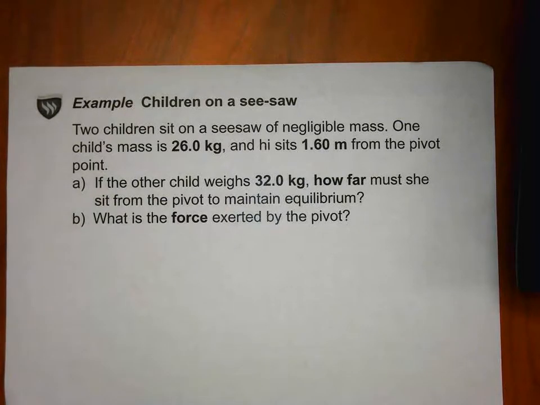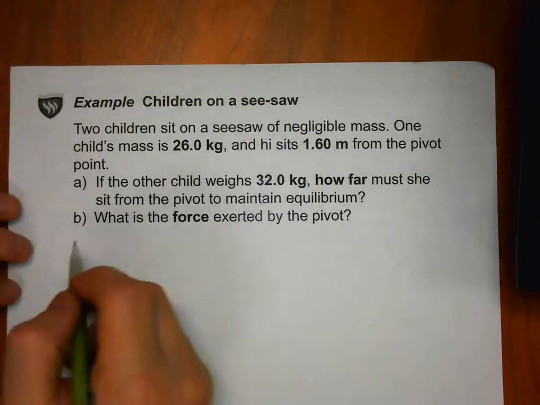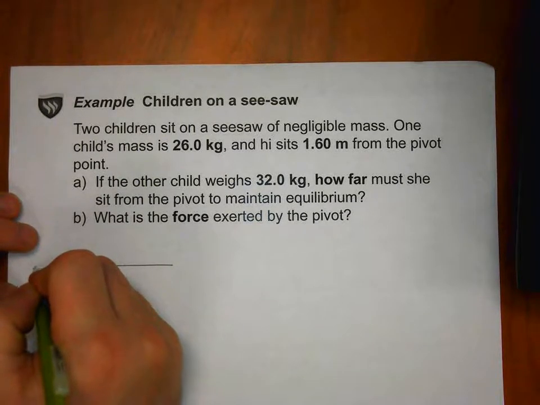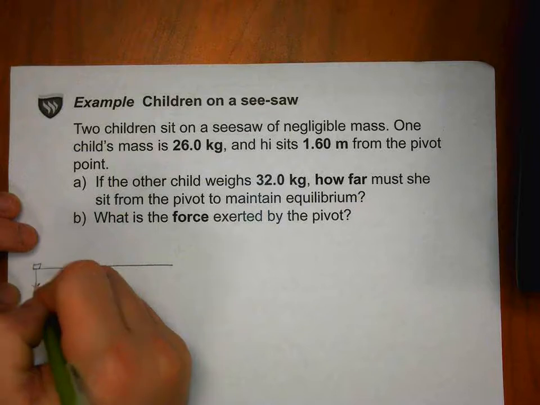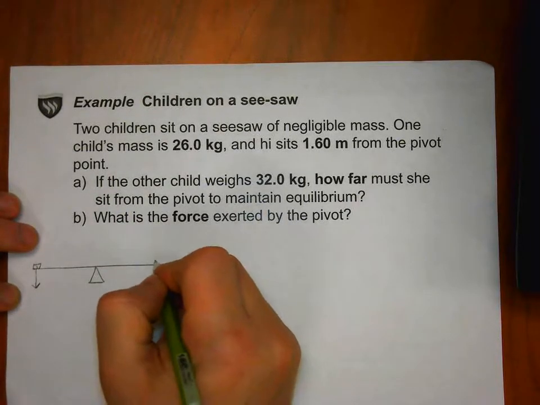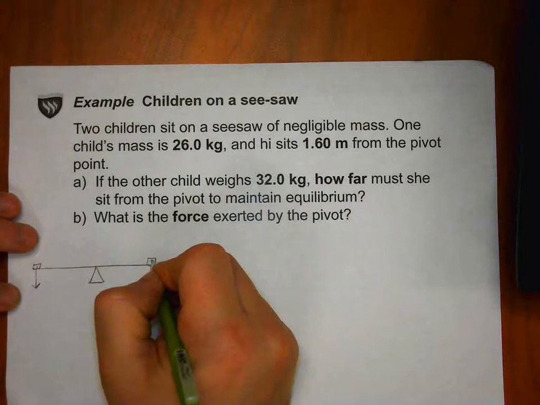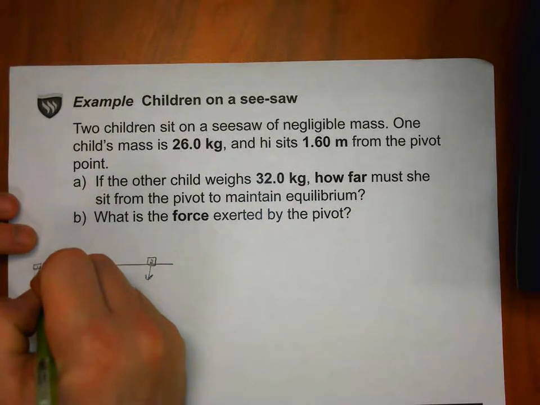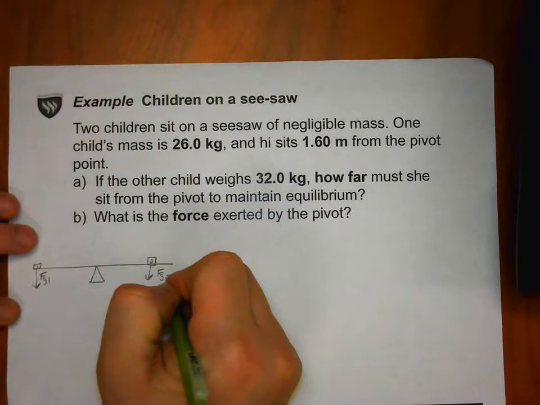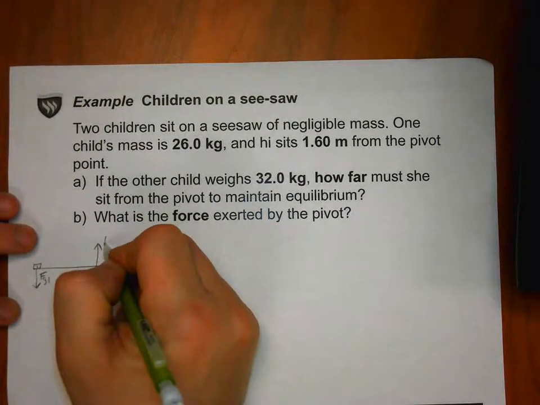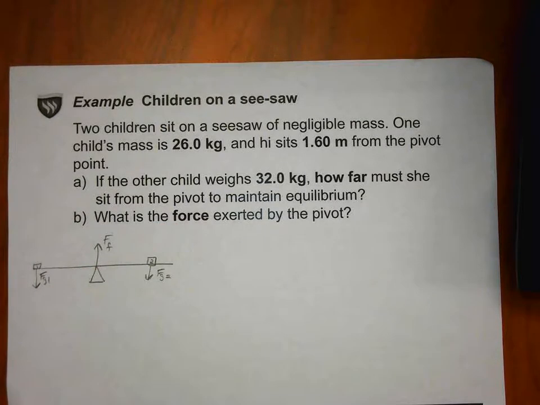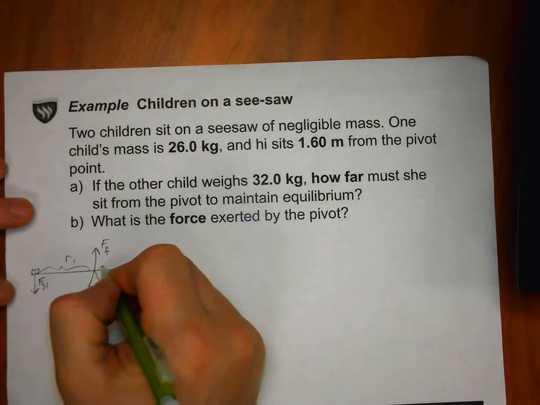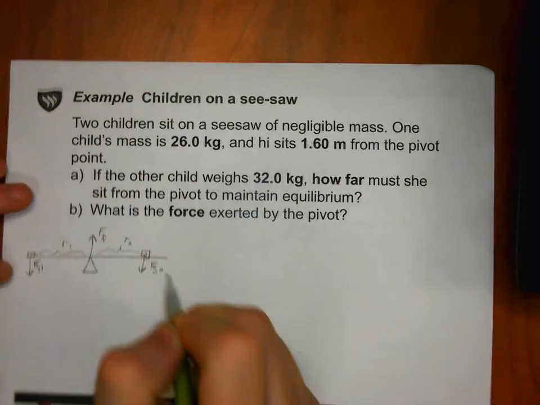Okay, children on the seesaw. You have child 1 with that mass, child 2 with this mass, so you would have Fg1 and Fg2, but you would also have the force upward from the fulcrum. And this is a distance of R1 and R2.